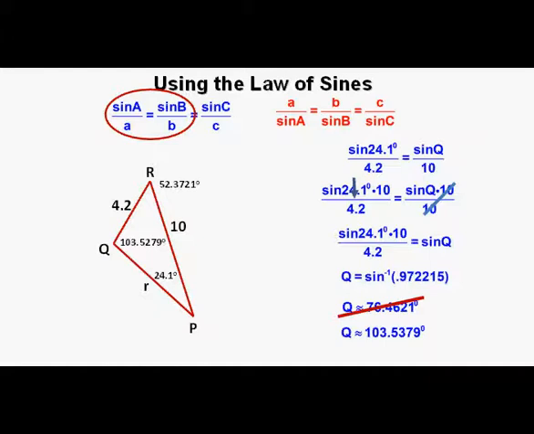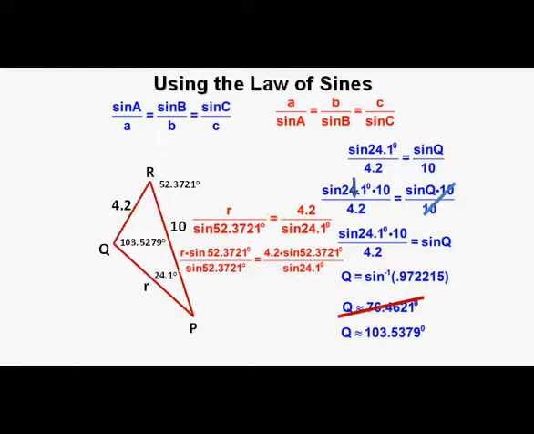The only thing left to solve is side R, and for that we set up the proportion R over the sine of 52.3721 degrees equals 4.2 over the sine of 24.1 degrees. Multiplying both sides of the equation by the sine of 52.3721 degrees, we get R times the sine of 52.3721 degrees over the sine of 52.3721 degrees equals 4.2 times the sine of 52.3721 degrees over the sine of 24.1 degrees.